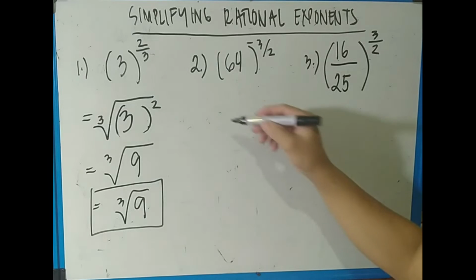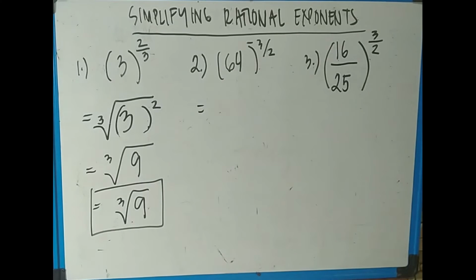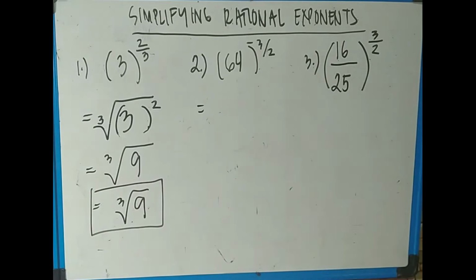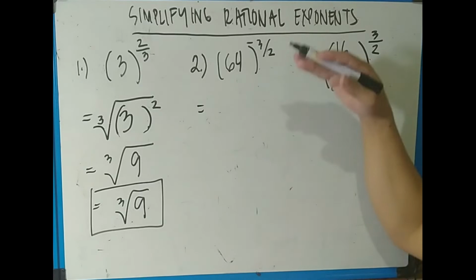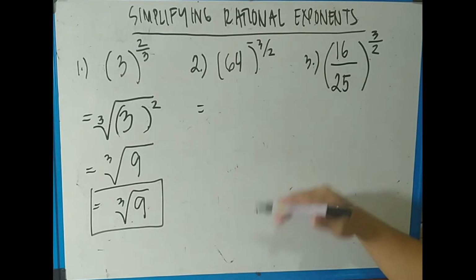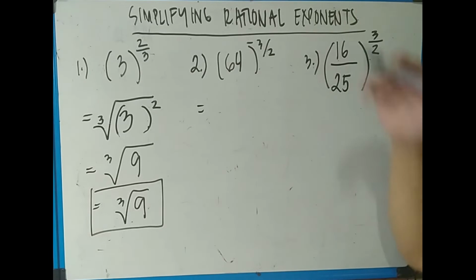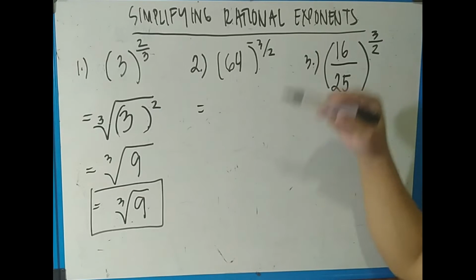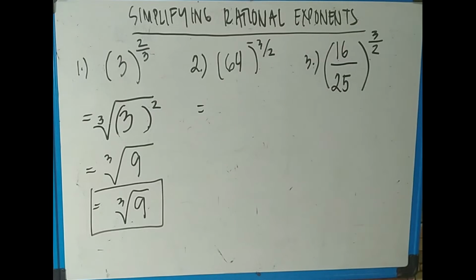Okay, for number 2 naman, we have 64 raised to negative 3 over 2. Okay, so on the previous video, guys, we discussed about the integral exponents now. So if there is a negative exponent, all we have to do is to put them in the denominator if nasa numerator siya. Pero kapag nasa denominator naman siya, we just have to put them into numerator.